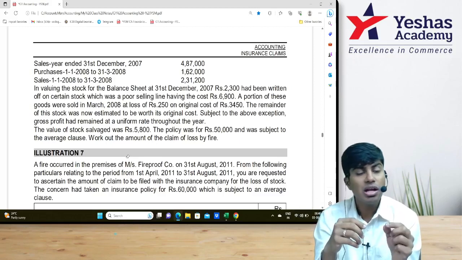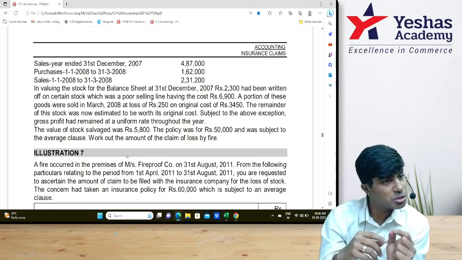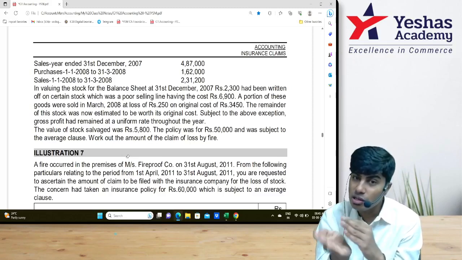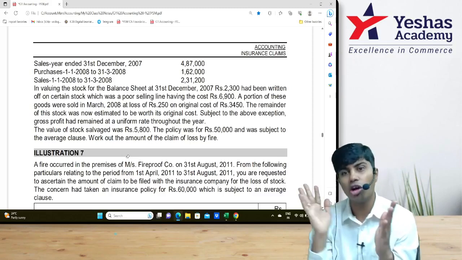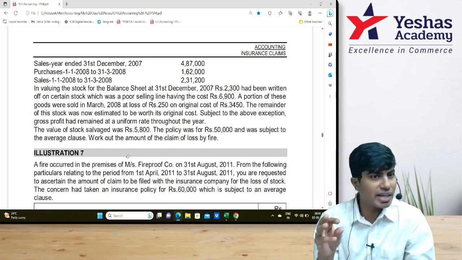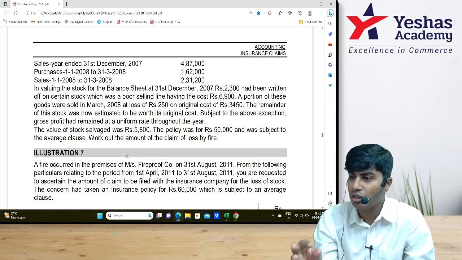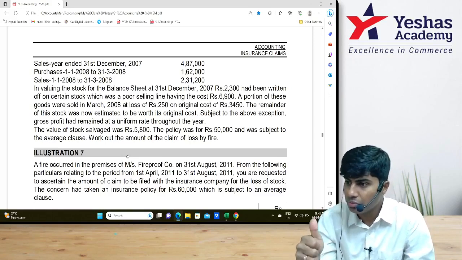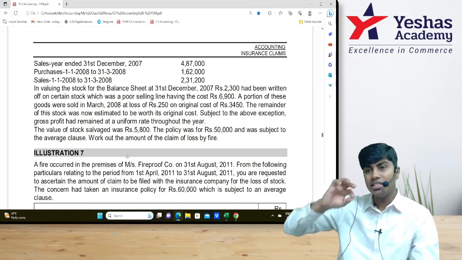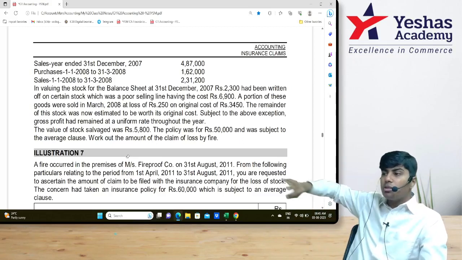The reason is, these items having a poor selling line are partly sold. When partly sold, the profit on these will be different from the profit on the normal goods. Do you agree with me? So we need to apply the GP percentage only on goods having a normal selling line.